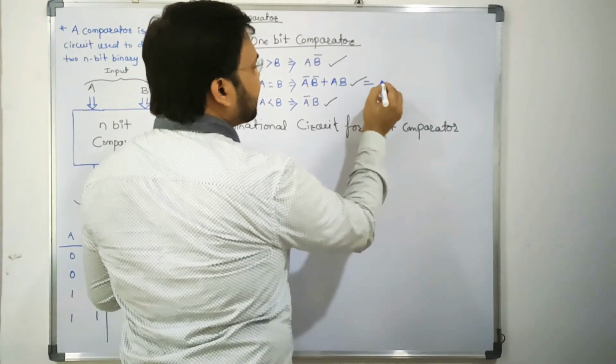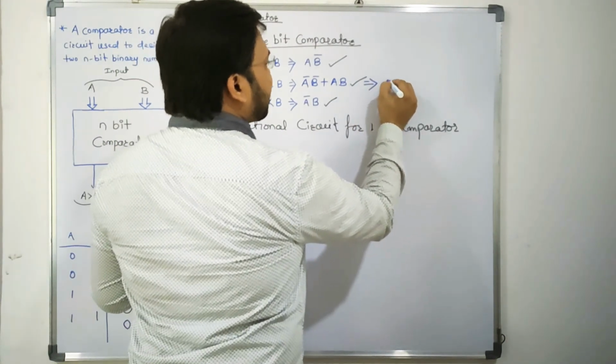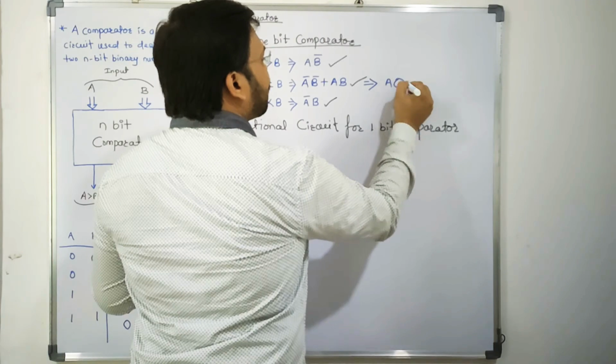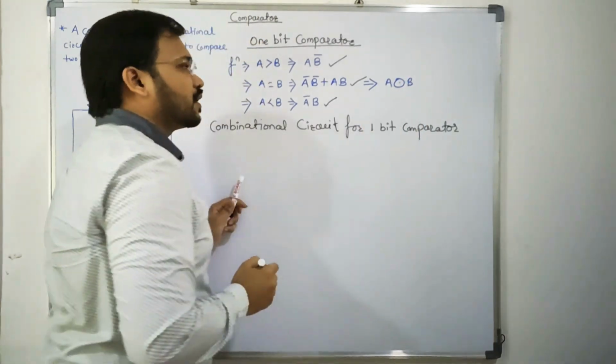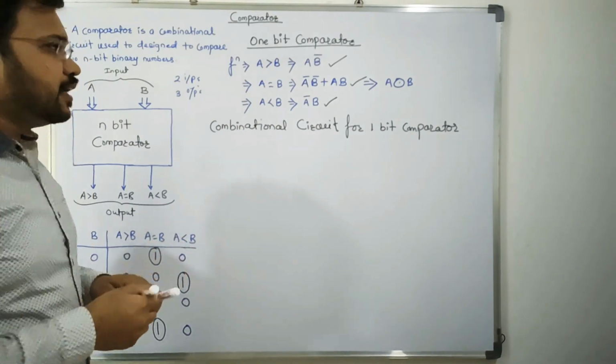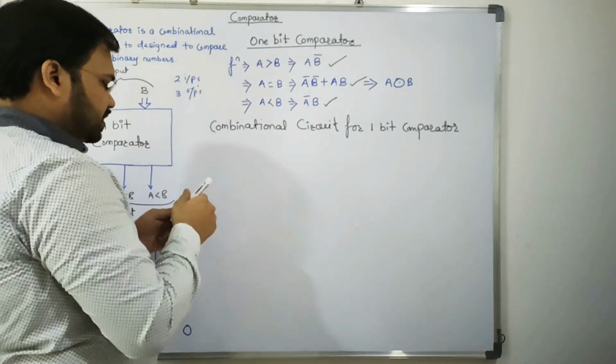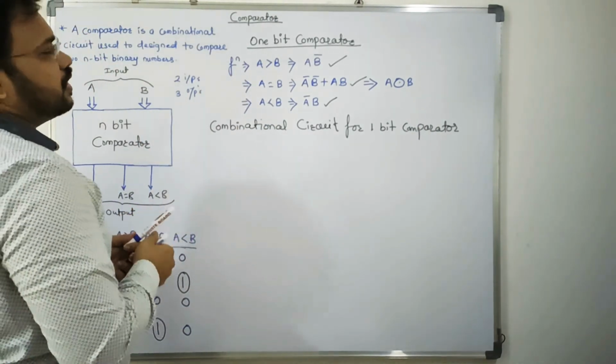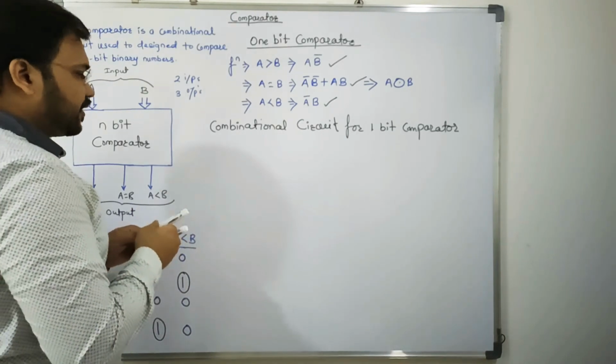So directly we can write it as A XNOR B, equal to A bar B bar plus A B. So we have these three equations, and we have to draw the combinational circuit for them.